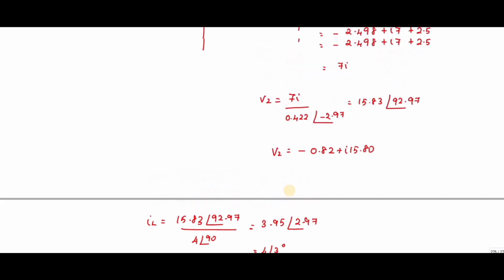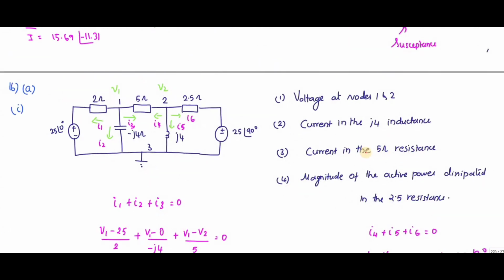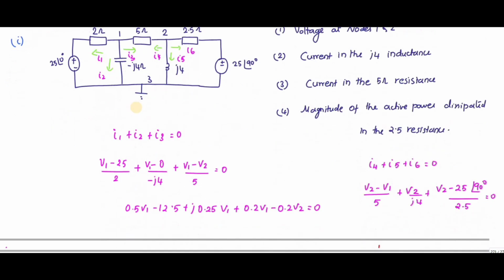Okay, so next one is they're asking about current in the 5 ohm resistance. So this is V1 minus V2 divided by 5.